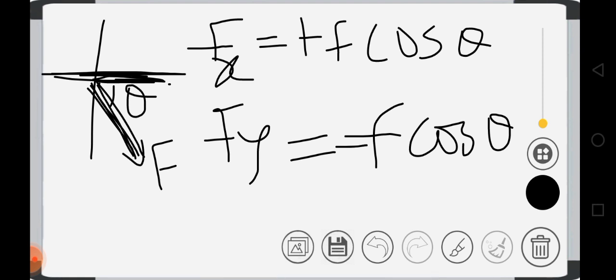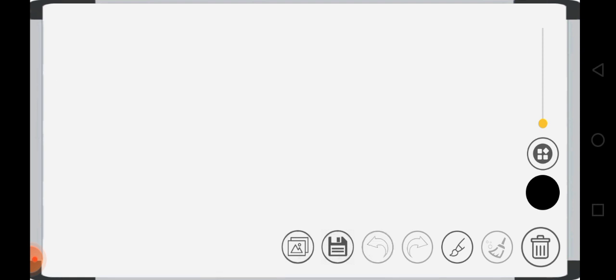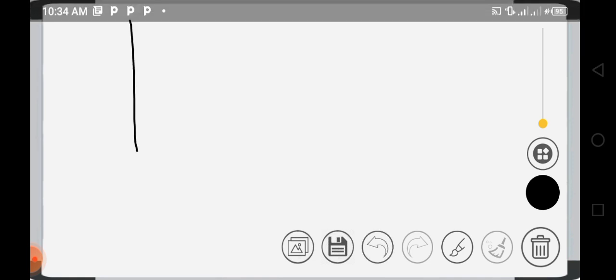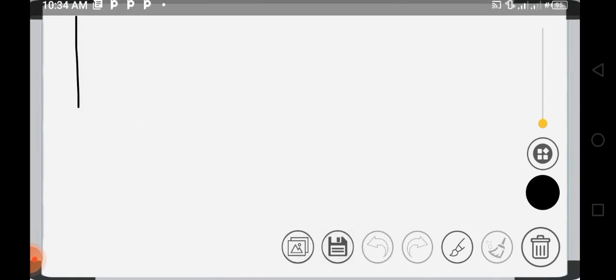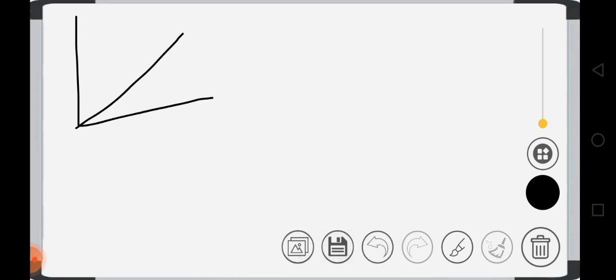So let's look at a typical question now so that you will understand this better. Let's say we want to check the components of this force here. You have a question of this nature.